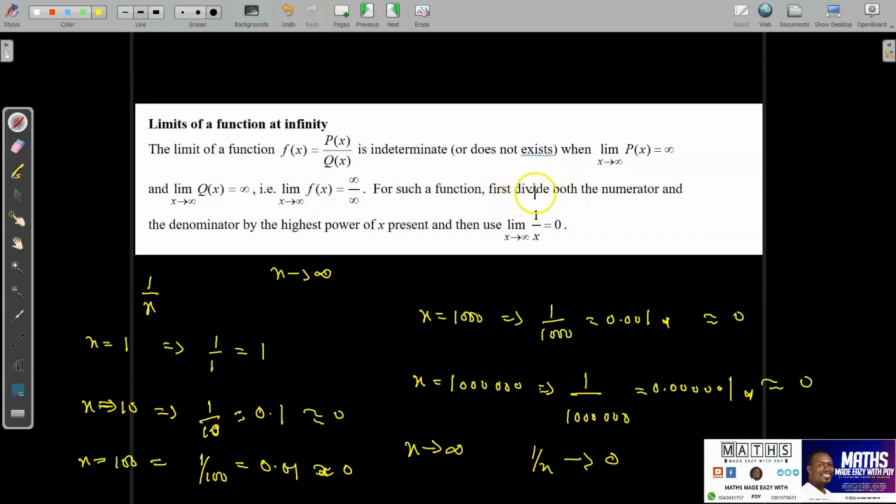But if it is not defined, then we need to use the concept of 1 over x to work it out. So that is what we are going to apply. So I want you to be very careful with our worked examples.